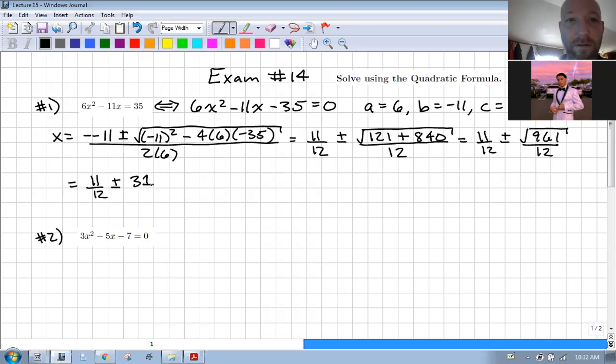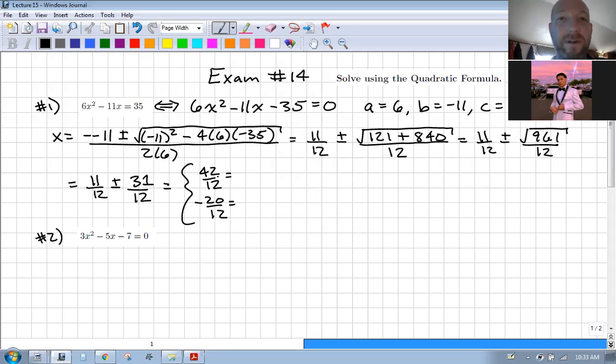This is 31 twelfths. And let's see, since these are both in twelfths, I'll go ahead and get the two separate ones. 11 plus 31 is 42 twelfths. Right? Yeah. And 11 minus 31 would be a negative 20 twelfths.